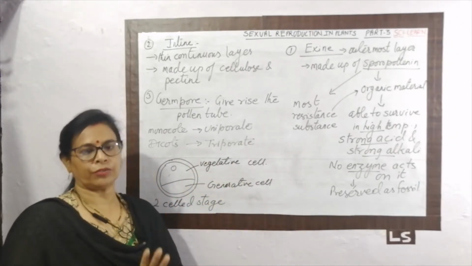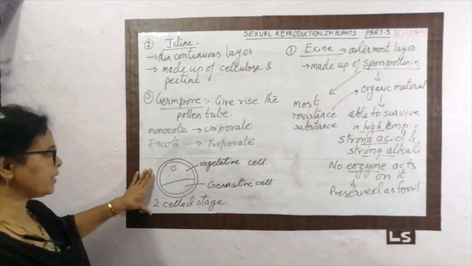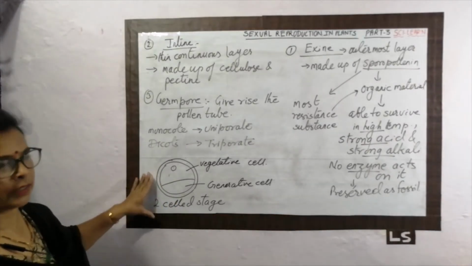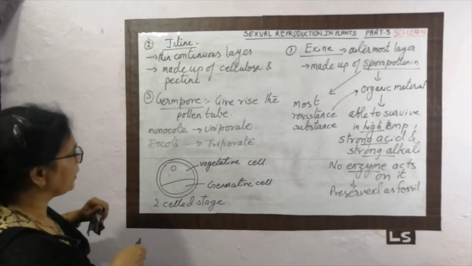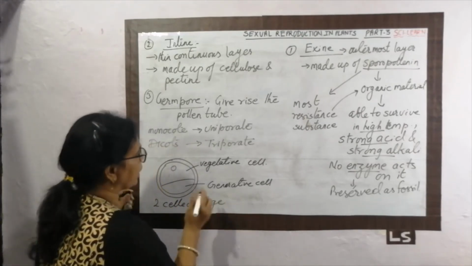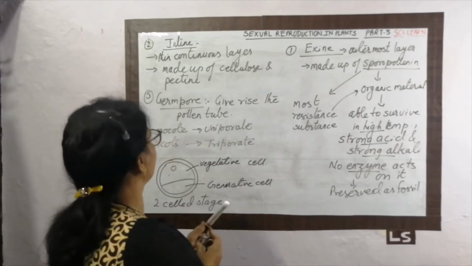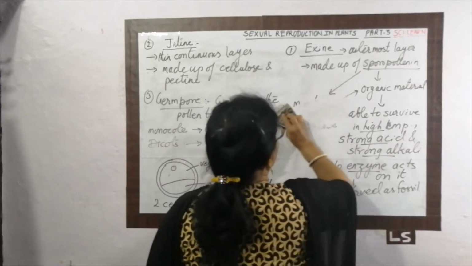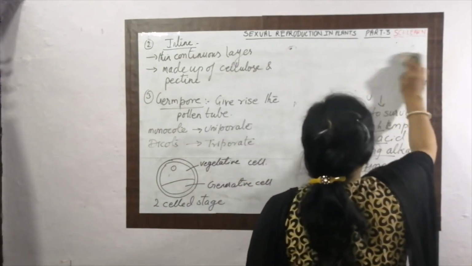In the other cases, the pollen grain is separated at the three-cell stage.